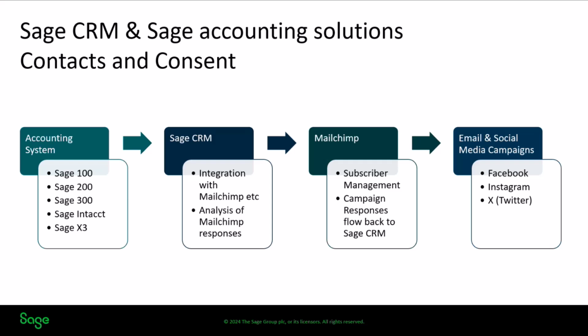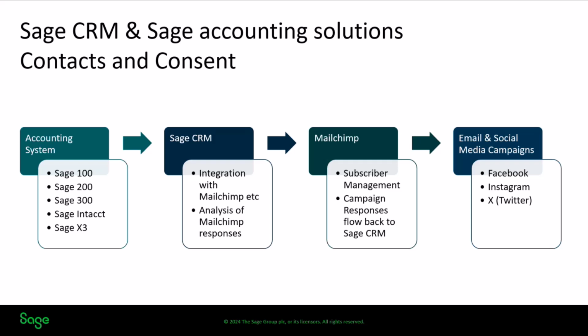And the integration can take information that has ultimately started out at an account system, whether that was X3 or Intact or 300 or whichever product you're using, that can flow into Sage CRM, where you then, through an integration, pass that through to MailChimp, which is an external system, not only potentially outside the company.